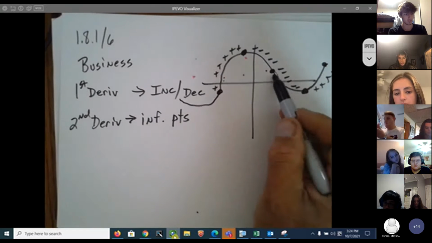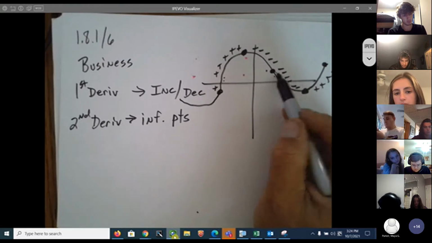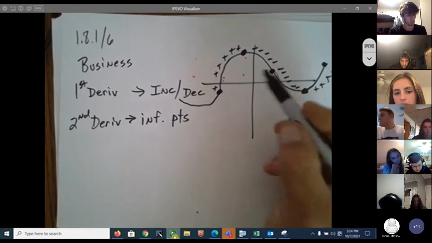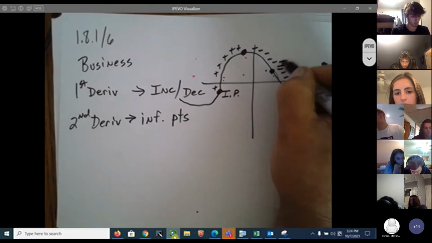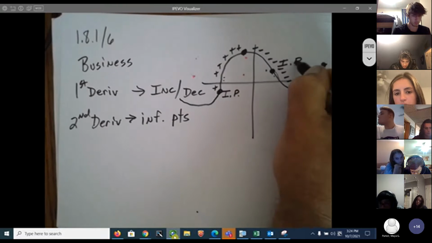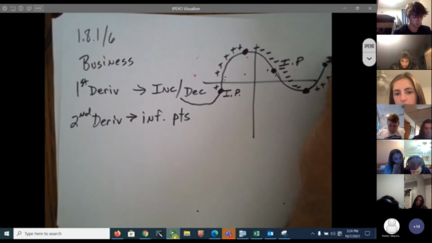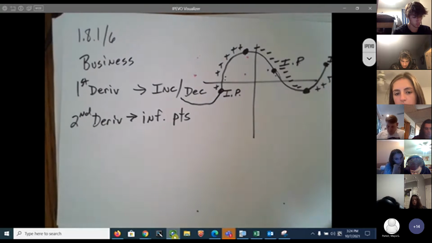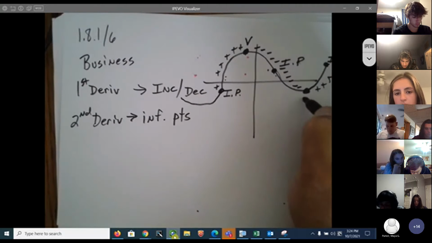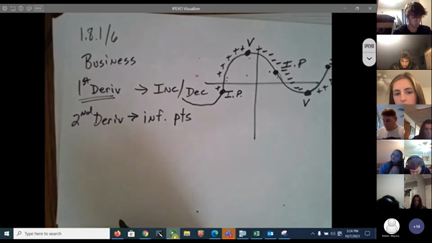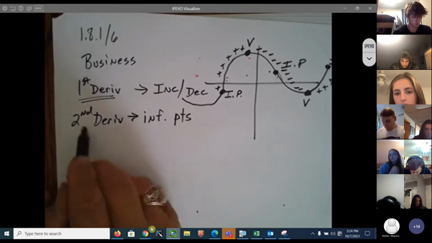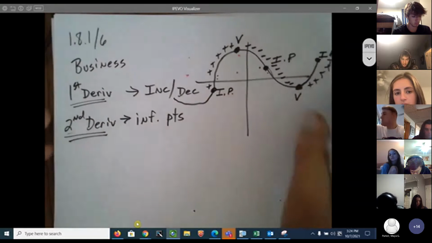These are inflection points right here. And your vertex, you can help find with the first derivative instead of doing all that algebra that you learned with the vertical and horizontal shifts and all that.